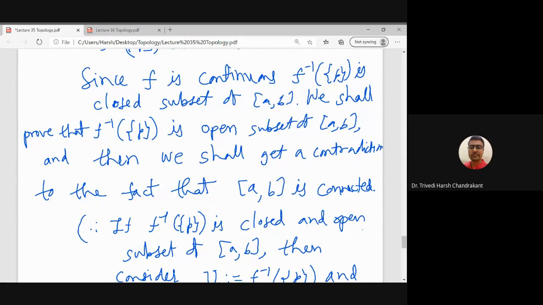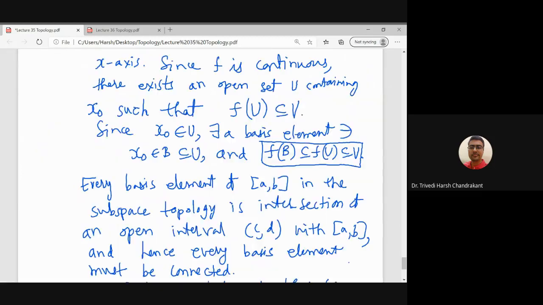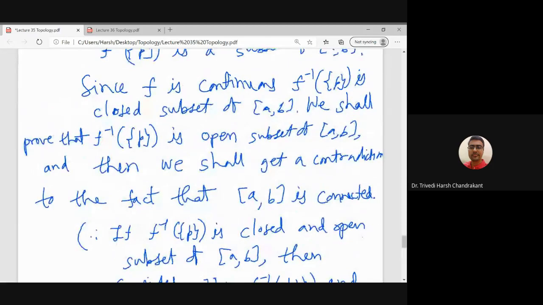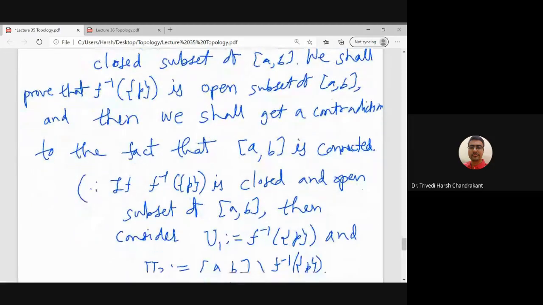Since we want to get a contradiction, we will show that f inverse of singleton P is open. This is what I have written here: f inverse of P cannot be open because the closed interval [a, b] is connected.